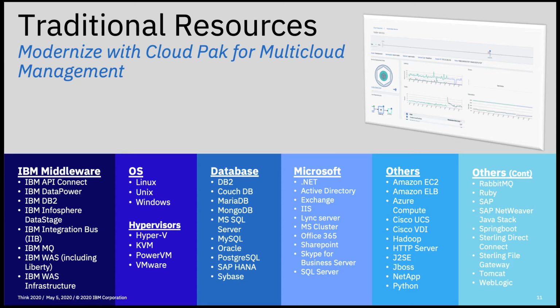Various kinds of hypervisors, several databases like DB2, Oracle, SAP HANA, MS SQL, and MySQL, to name a few. Agents for several Microsoft components like Office 365 and Exchange, to name a few, and others like agents for Amazon, Python, and the list goes on as mentioned here.